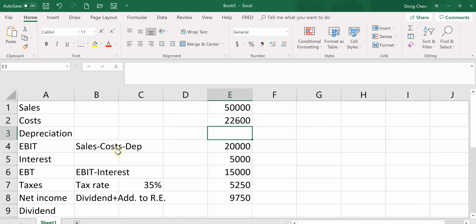So we know that EBIT is simply sales minus cost minus depreciation. So we know EBIT already, we know sales, we know cost, hence depreciation is simply sales minus cost minus EBIT, right? If you're still wondering why, let me write down more steps in my notes.